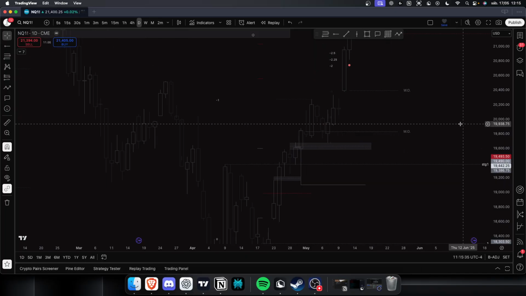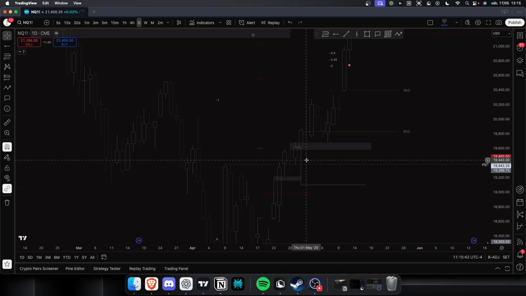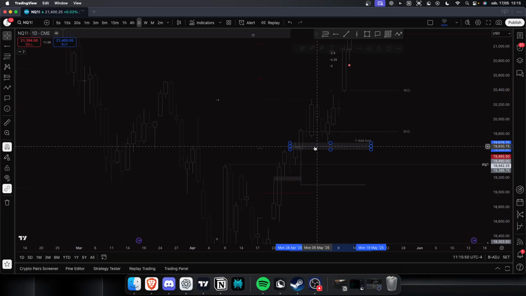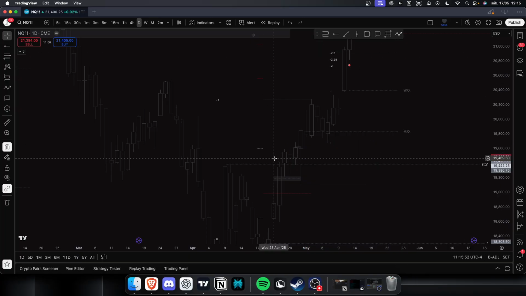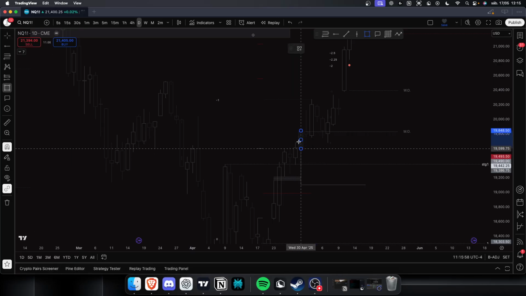As you can see, applying the same logic, we took out this high, and from there we look to rebalance an inefficiency, which is this daily FVG. This is another FVG, but it looks to rebalance this daily FVG right here.